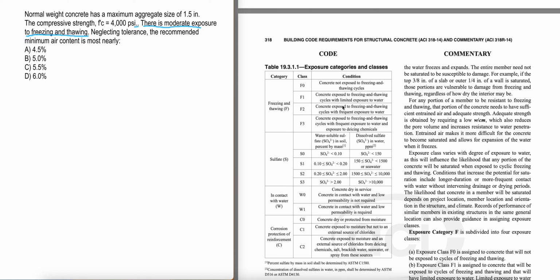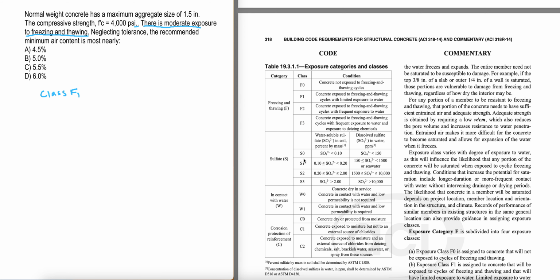And then the next one is concrete exposed to freezing and thawing cycles with frequent exposure to water. So here, there's nothing about exposure to water. So let's assume that we are class F1.